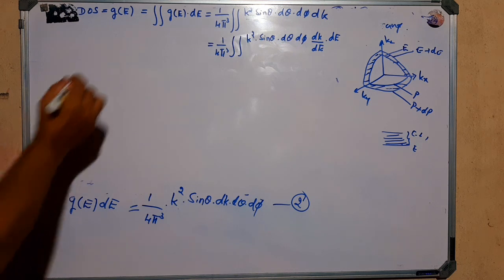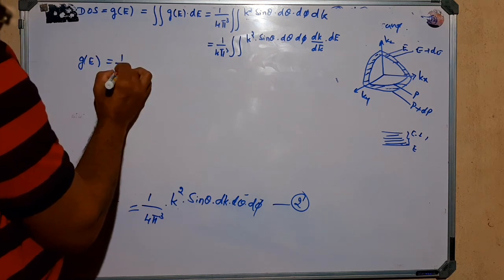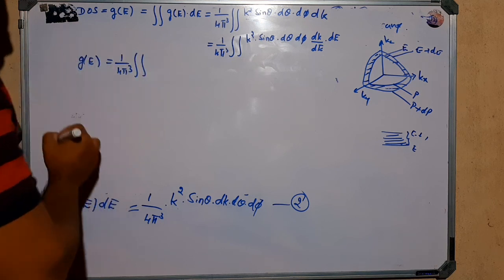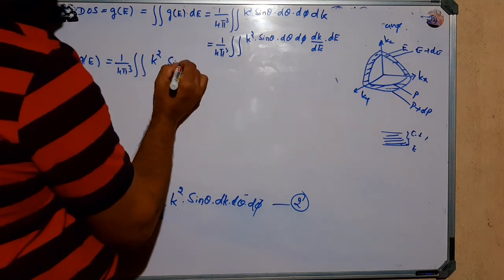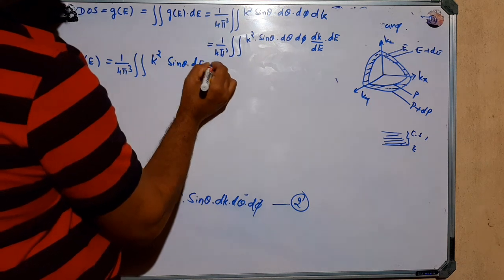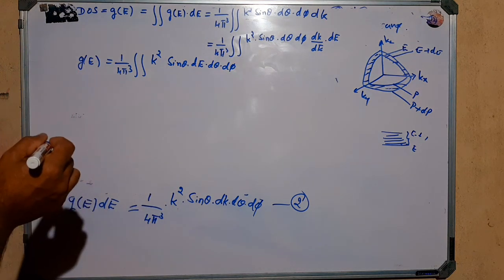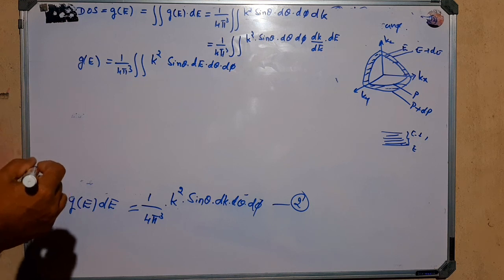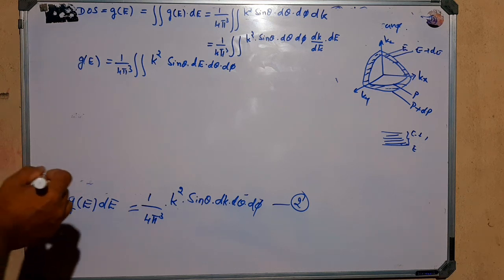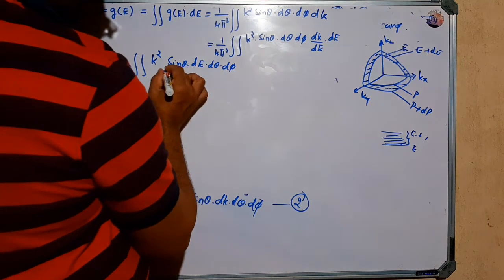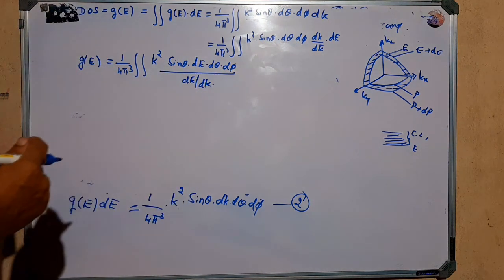So this can be written as, therefore, G of E is equal to 1 by 4 pi cube integration k square sin theta into dE into d theta into d phi, divided by dE by dk.